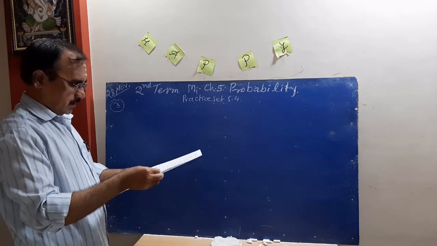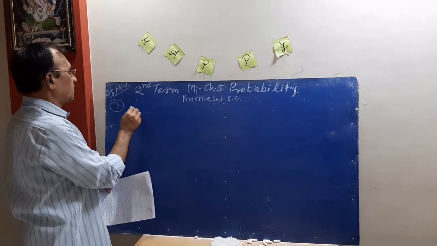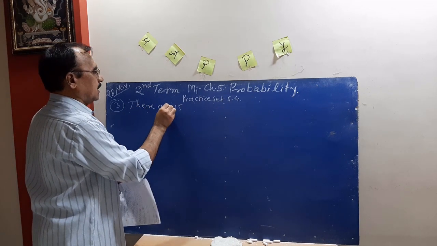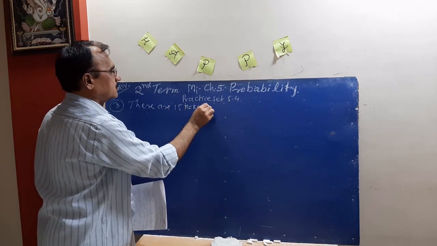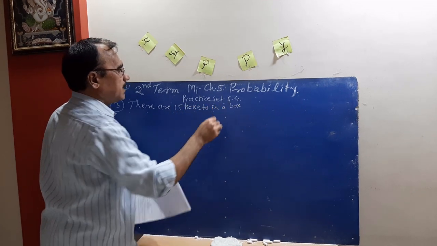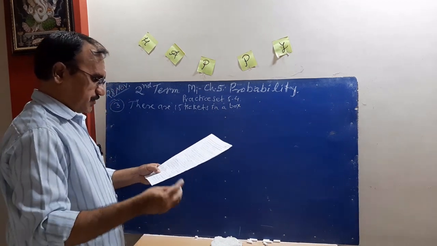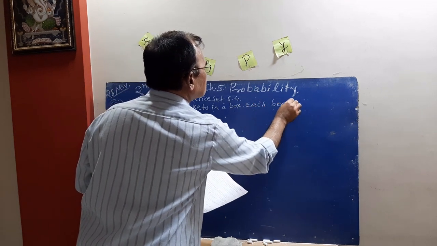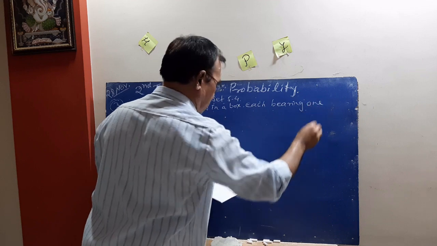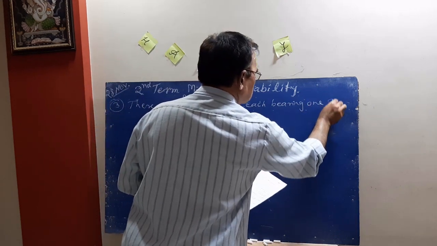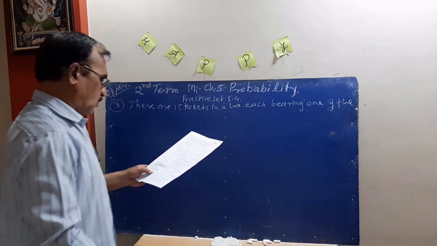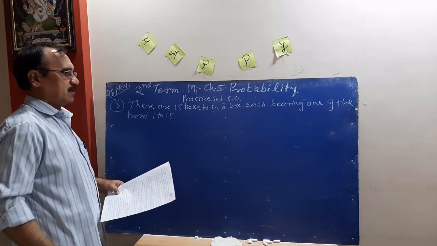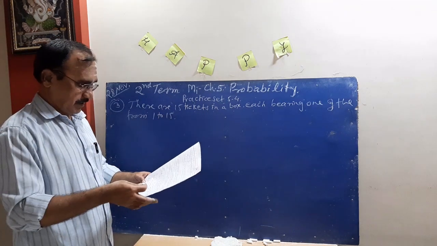What is the third example? There are 15 tickets in a box, each bearing one of the numbers from 1 to 15.